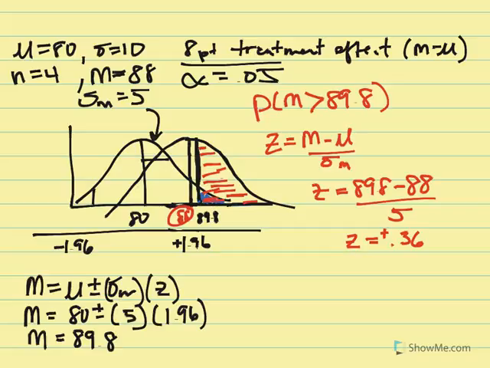We're to the right. So this 89.8 is equivalent to a z-score of 0.36, or 0.36 standard error units above the mean. So now we can convert that original probability statement to now read the probability of obtaining a z-value greater than positive 0.36.